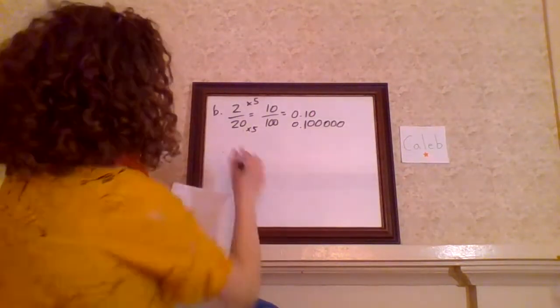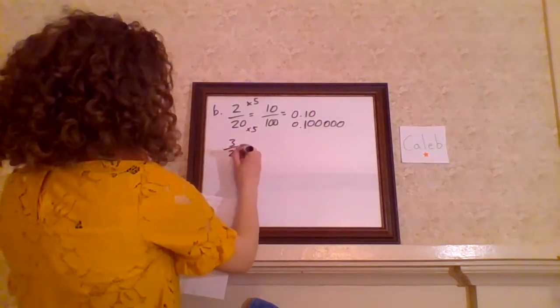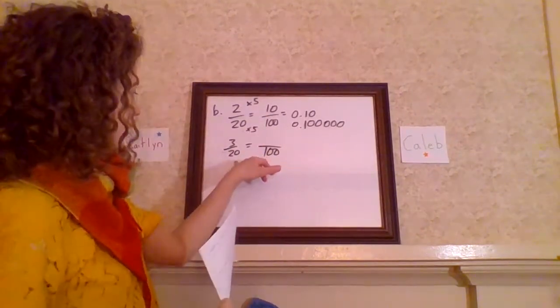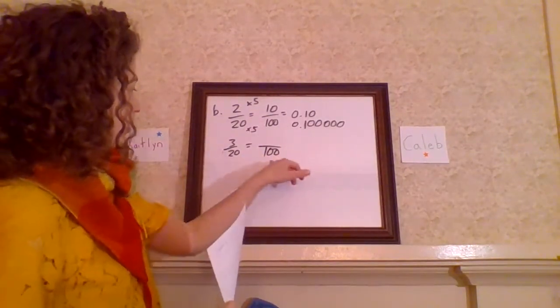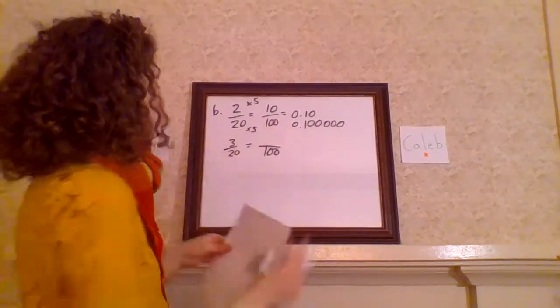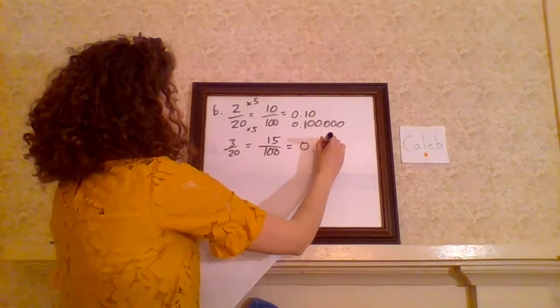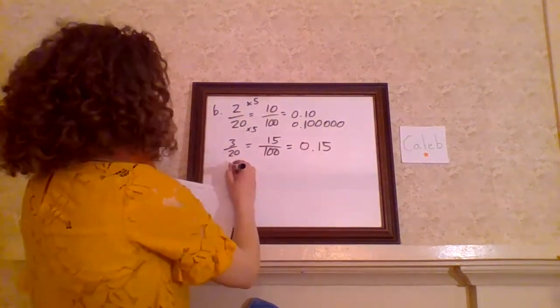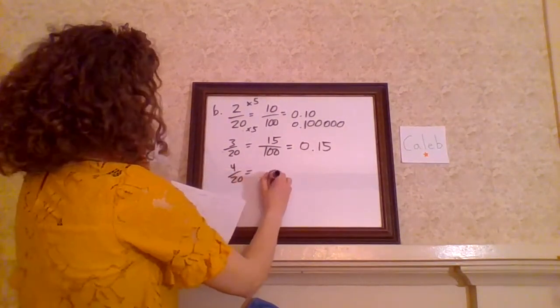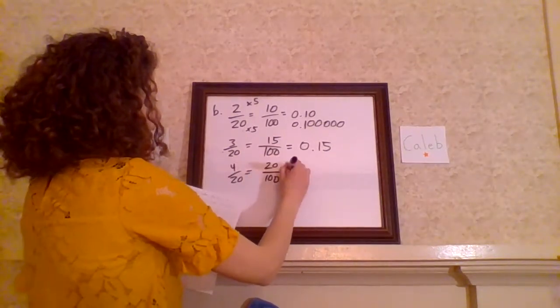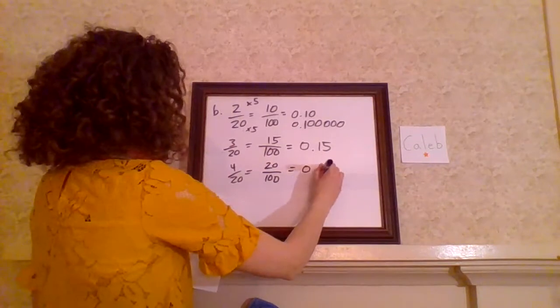Okay, 3 over 20. Let's make an equivalent fraction over 100. So 20 times 5 is 100. 3 times 5 is 15. And then as a decimal, 0.15. And 4 over 20, times that by 5 again. 4 times 5 is 20. We get 0.2.